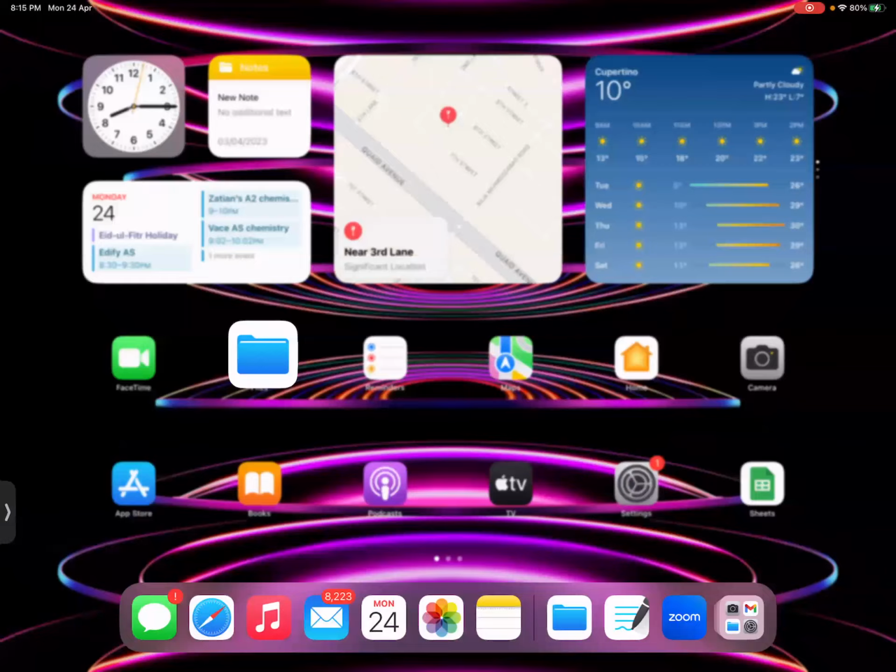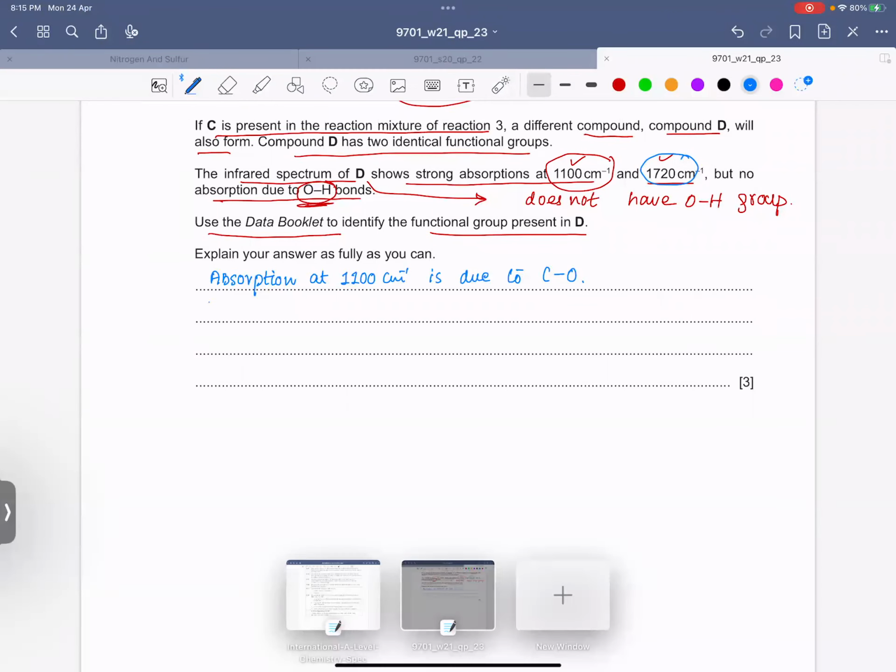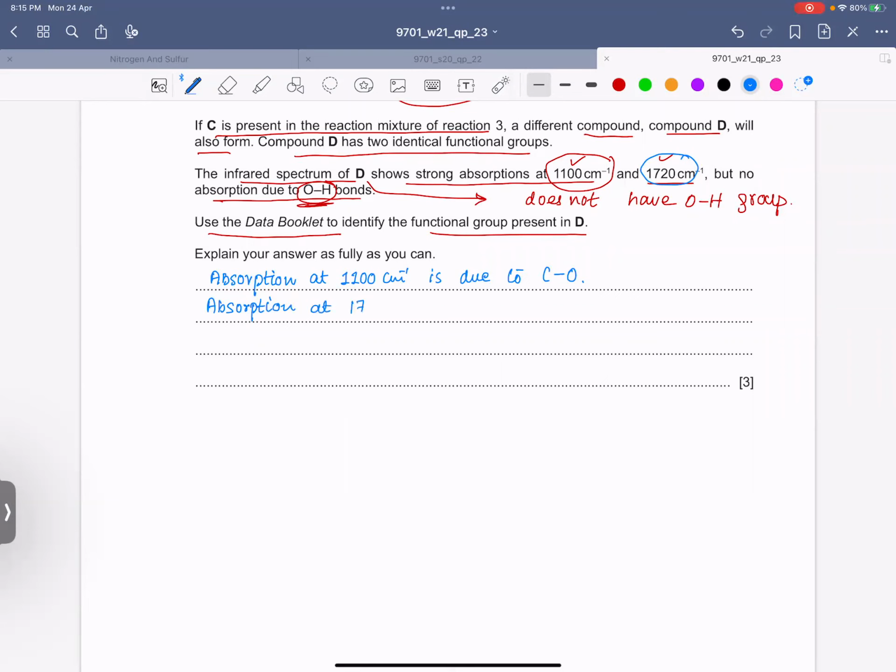So we may write that the absorption at 1720 cm⁻¹ is due to C double bond O. Is this understandable? Yes, sir.